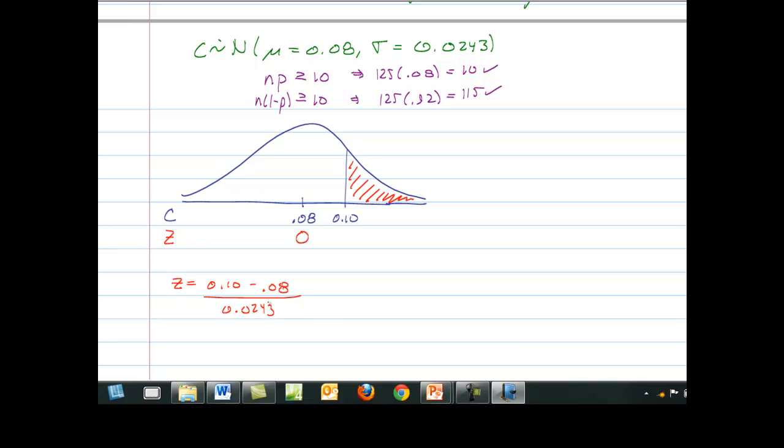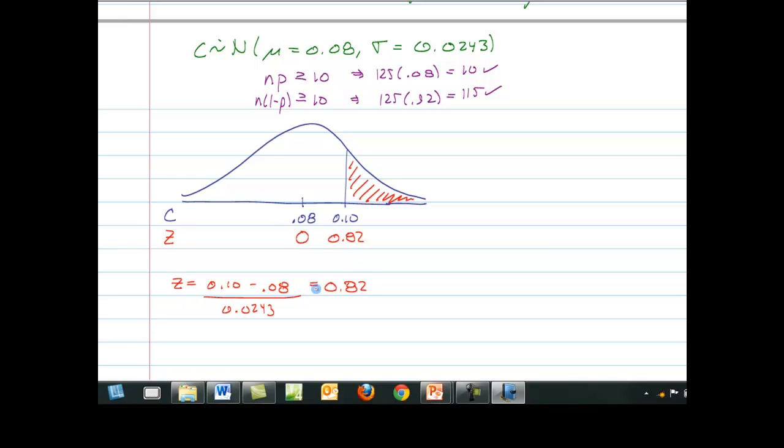So let's calculate that: 0.1 minus 0.08 divided by 0.0243, and I get 0.82304. But my standard normal tables are really only good to 2 places past the decimal, so I'm going to call that 0.82. So this says I'm 0.82 standard deviations above the mean.